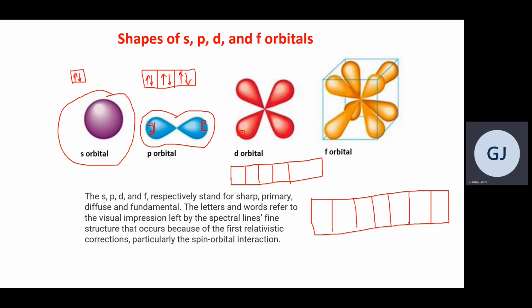Now d can have 10 electrons. It will be filled like this, with simple arrows denoting the electron direction. It can have a maximum of 10 electrons.